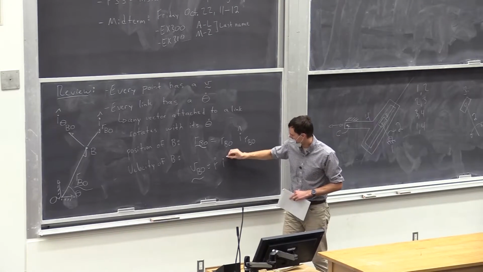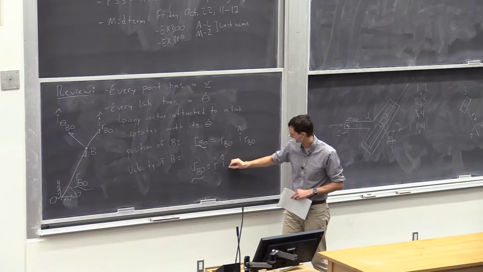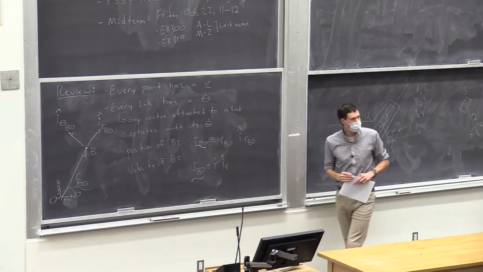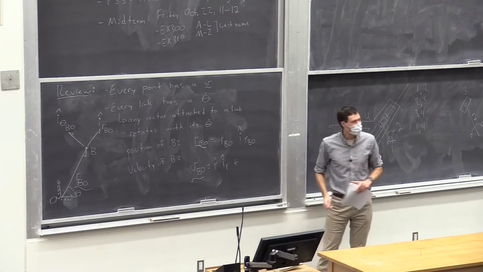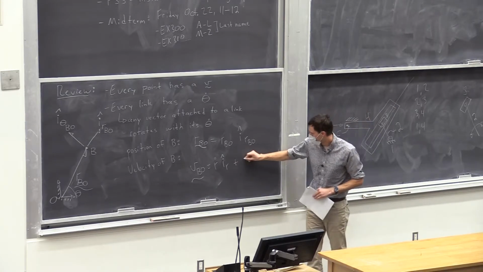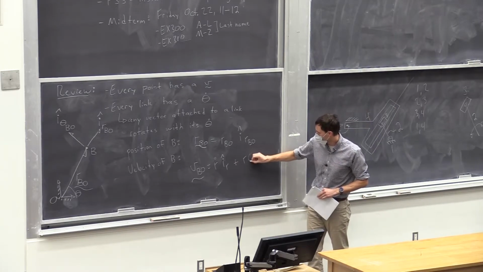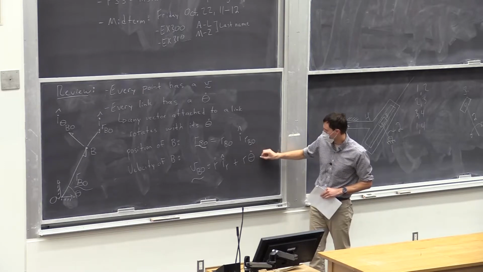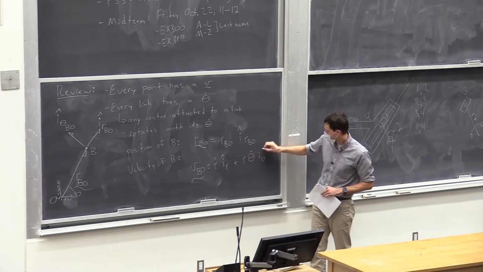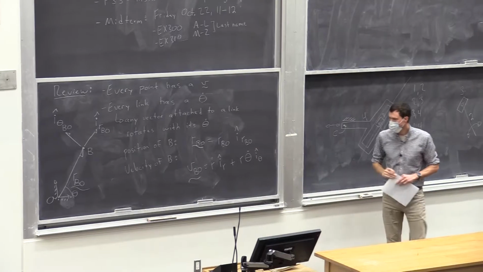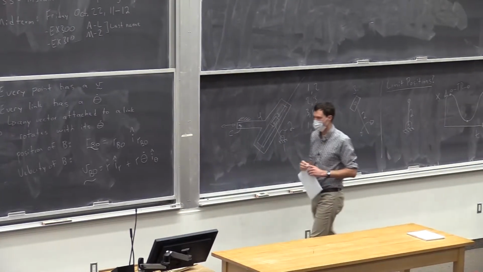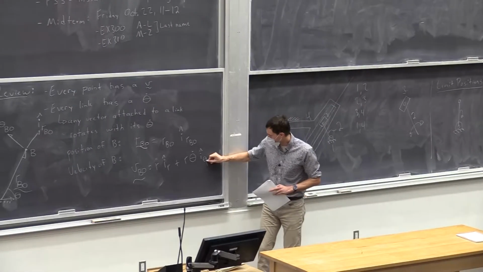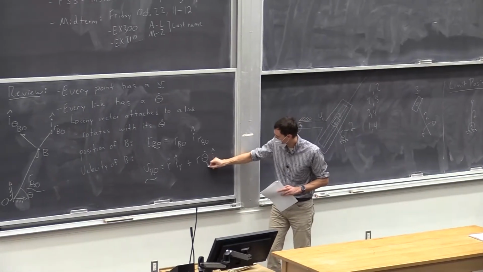We had r dot in the radial direction, and we had the transverse component, which was the length of the vector times its rotation rate in the transverse direction. Okay, I'm just leaving the subscripts off so it's a little easier to understand. I'll sneak them in now. BO on everything.